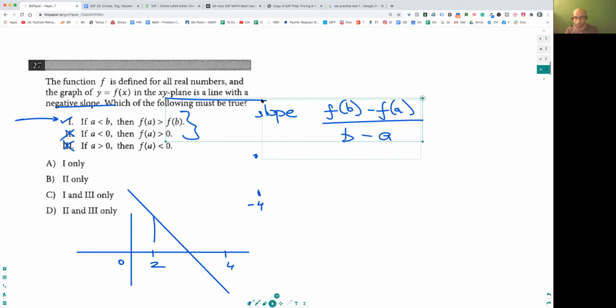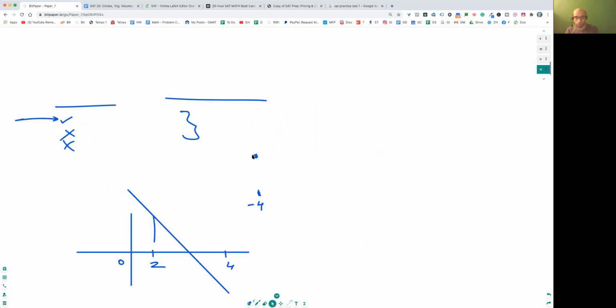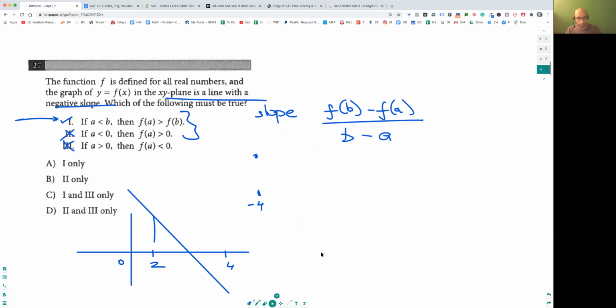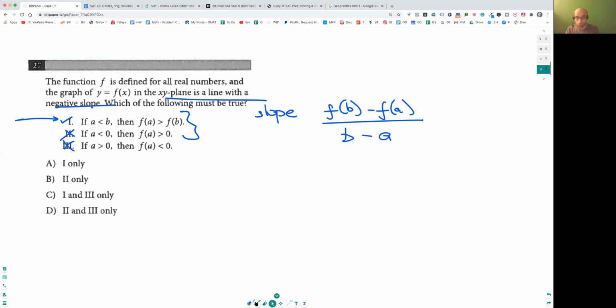Drawing graphs is better. You can think about a slope as well, but it might be a bit difficult to think about a slope kind of equation. So maybe let's think about it like this. This question is meant to test your drawing ability.